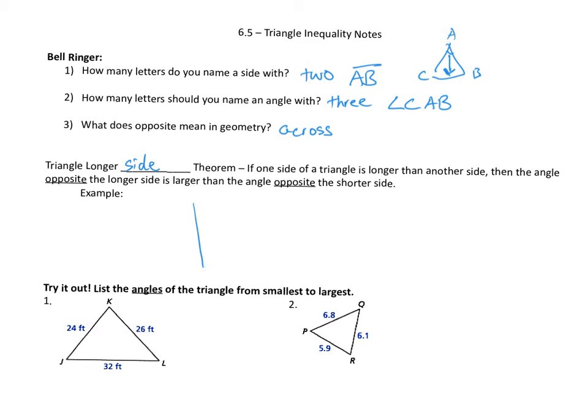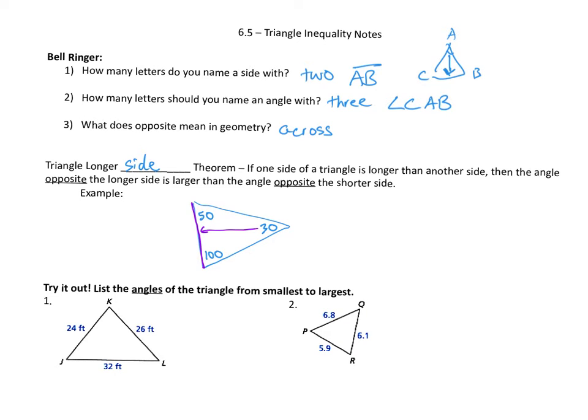So if I draw a triangle here, and let's say this is 100, and this is, we'll say 50, and then this has to be 30.